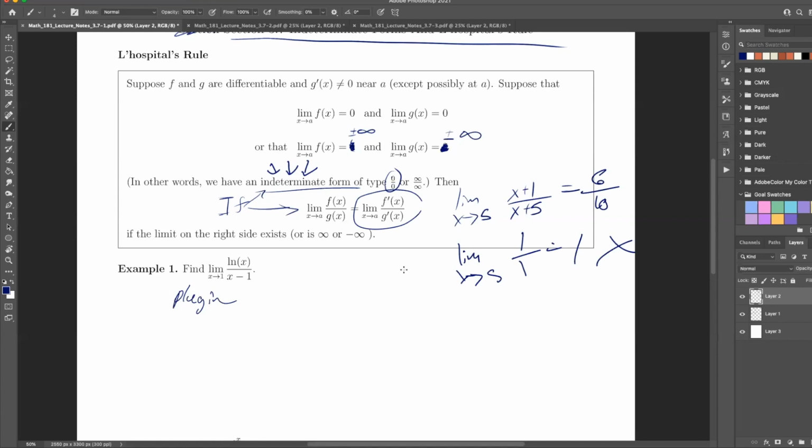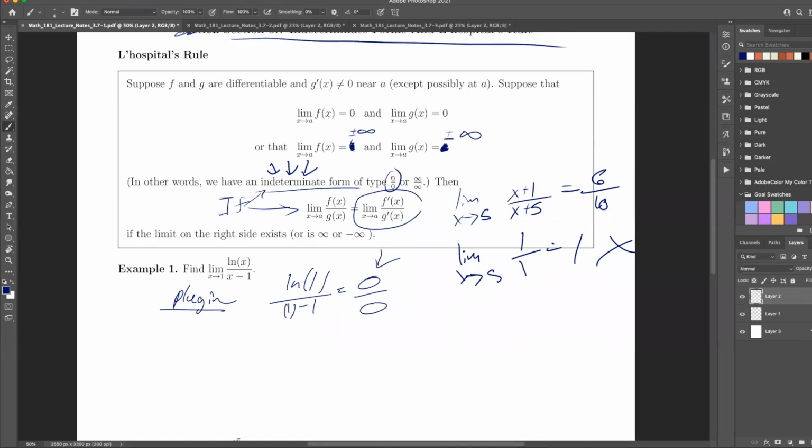If I plug it in, on top I get ln of 1, and on the bottom 1 minus 1. So this gives me 0 over 0. When I plug it in and get an indeterminate form, then I'm allowed to take the derivative.